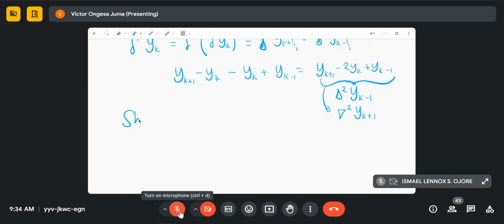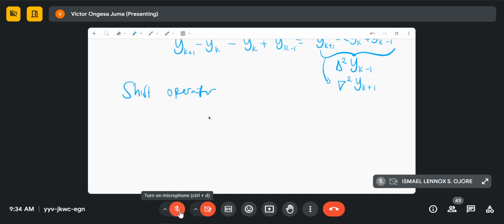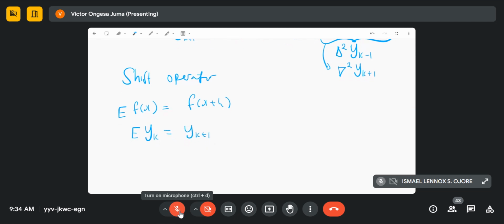Next, we look at the shift operator. So the shift operator is just saying that move one step ahead. So this is just f of x plus h. I'm just shifting you one step ahead. That means the shift operator for yk is the same as yk plus 1. You look one step ahead.